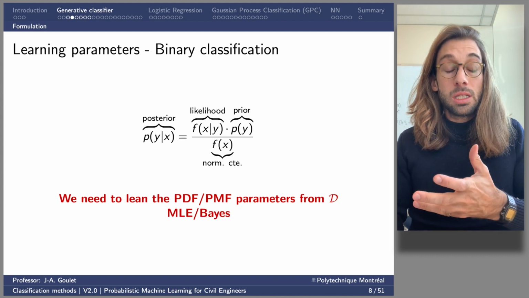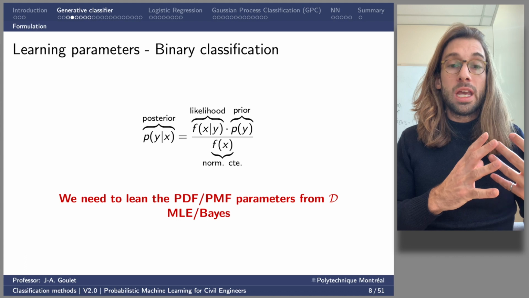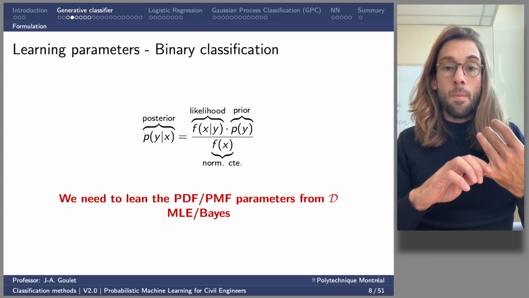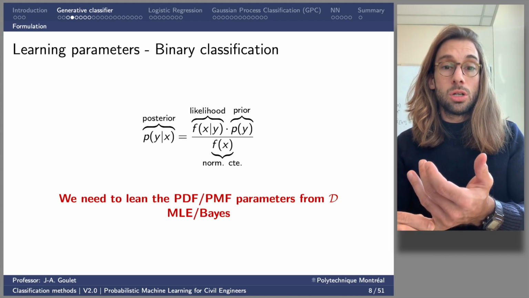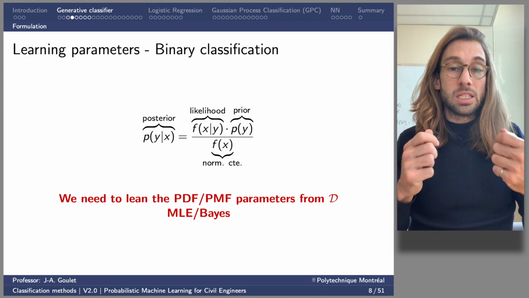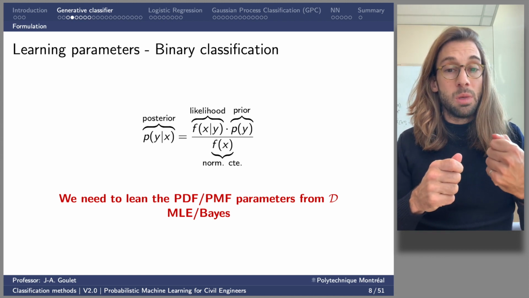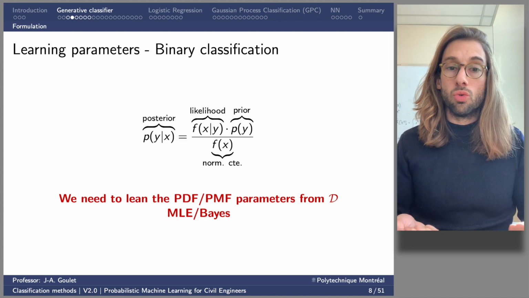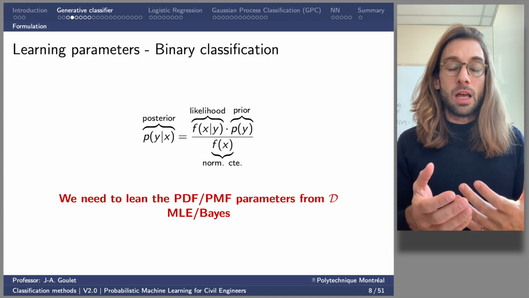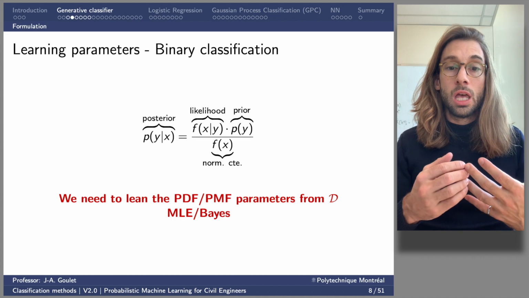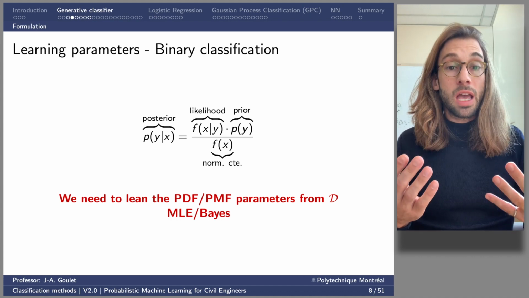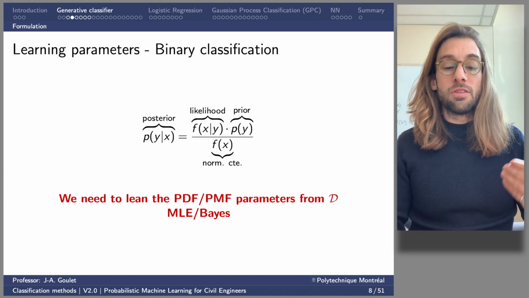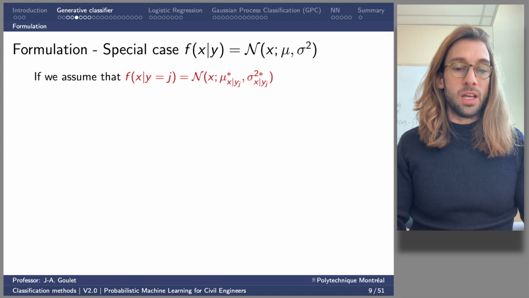The way to do this is the same as we saw before. We can go either through a maximum likelihood approach, which is a simplifying case that is going to be fast, but we need to satisfy some hypotheses to use it, or go more generally with Bayes' rule. That will really enable us to control the amount of uncertainty we have in our parameter estimation as a function of the number of data available.